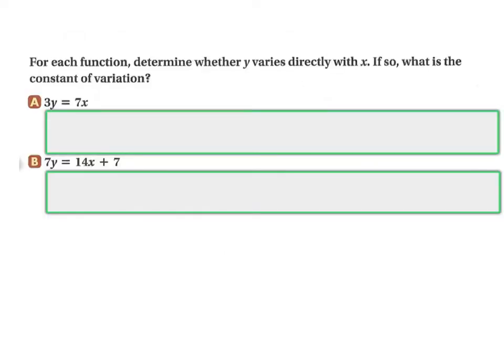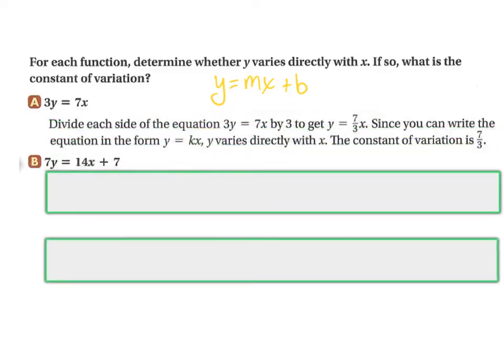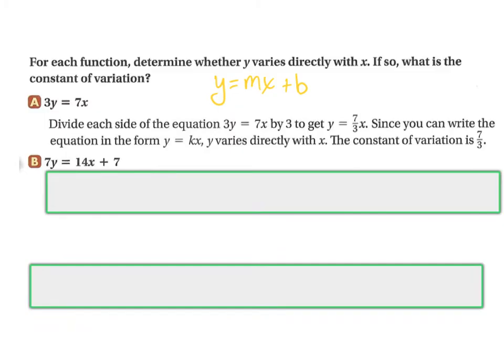Another way I could ask the question if something varies directly as x is to give you an equation. And remember, it has to be a line and it has to go through the origin. So the first thing you might want to do is get this set up into y equals mx plus b. All right, so we want to get the y by itself. We learned how to solve in the last chapter, so let's go ahead and solve for y. I divide both sides by 3, and really I would rather you think of not dividing both sides, but dividing every term.